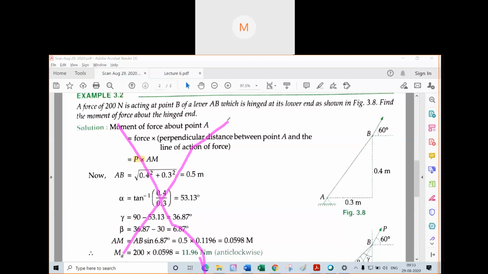So can you try solving? Any idea how to solve? Students, any idea how to solve? Can anyone say anything? How will you solve this?